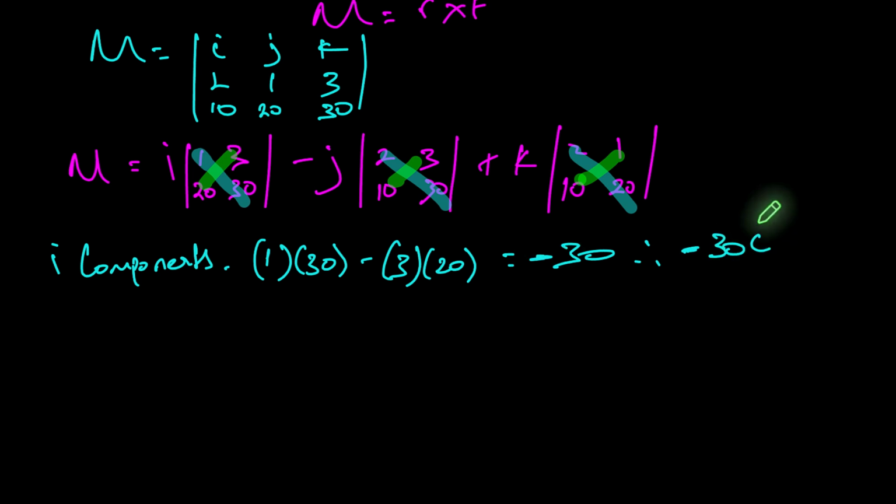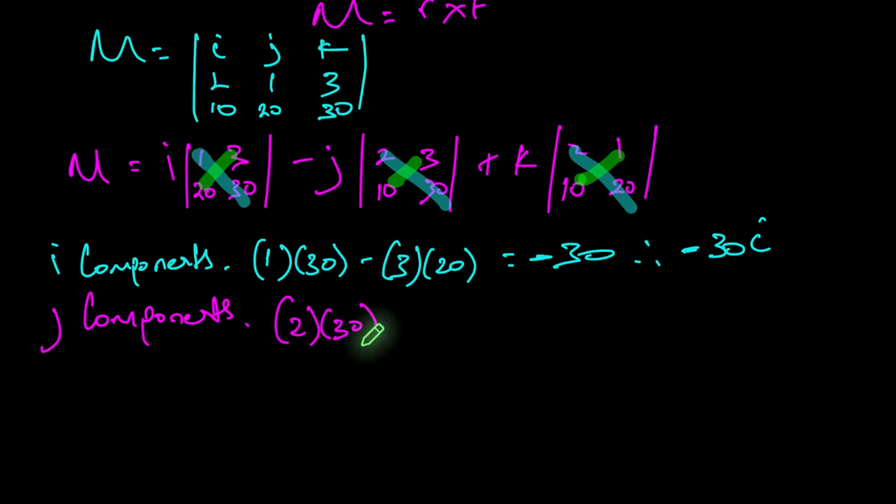Going for the j components now. For the j components, more of the same. So we multiply the leading, which is the blue, so 2 times the 30 there. So we have 2 times 30 and minus the green bit, so that's going to be 3 times 10.